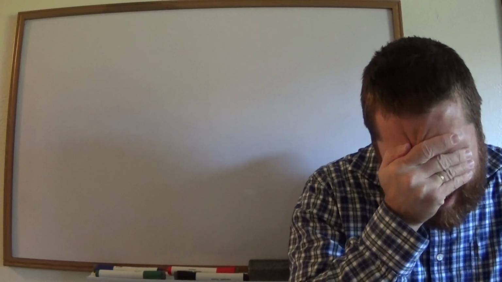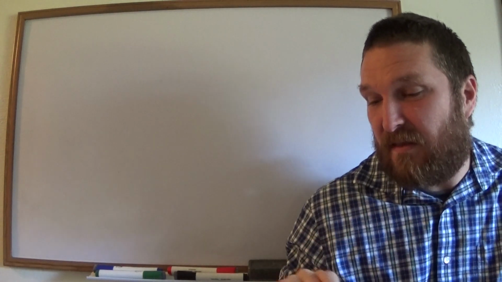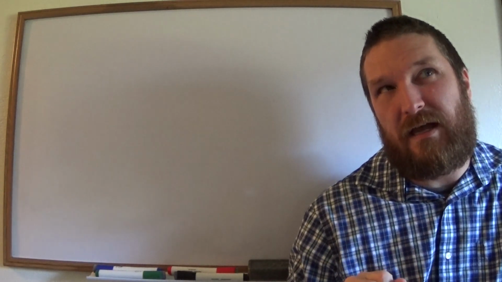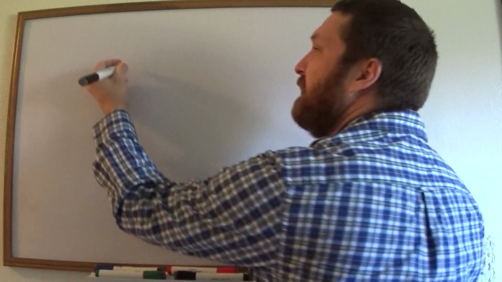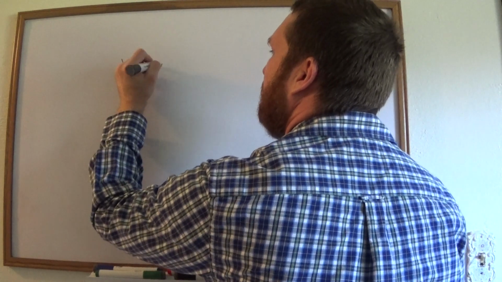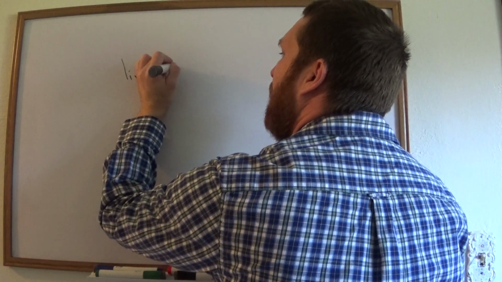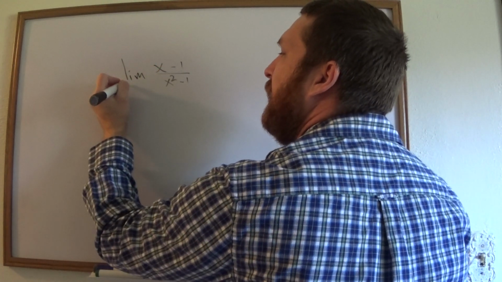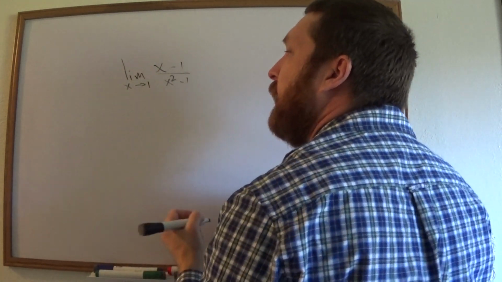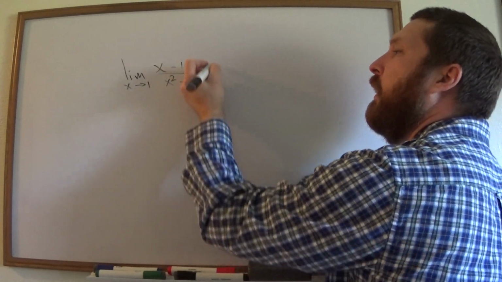I was looking forever last night, like an hour I spent trying different things for a good example, and everything turned out to be ridiculously complicated. I was like, okay, you know what I'm going to do? I'm going to do something like this: x minus 1 over x squared minus 1, the limit as x goes to 1, which we know is what?